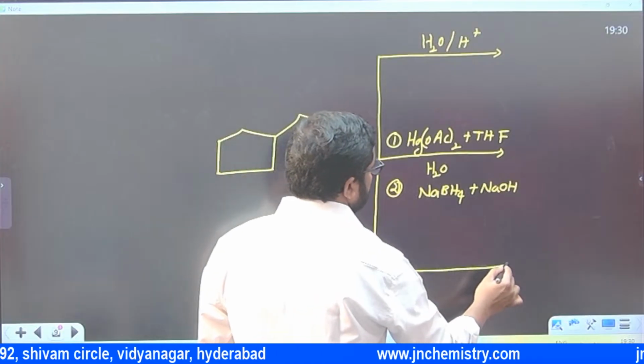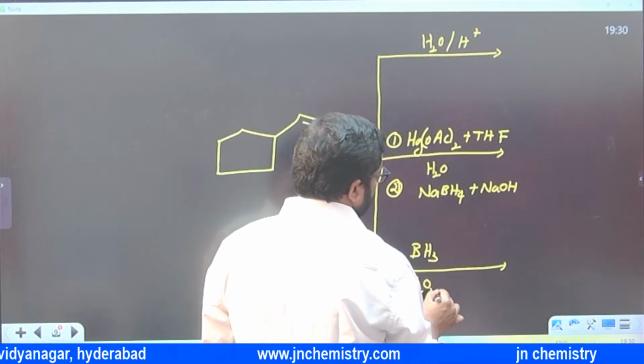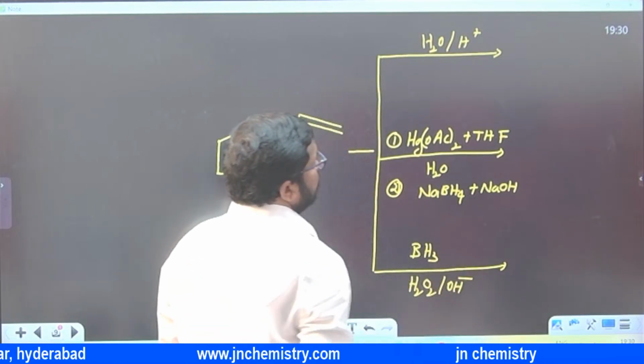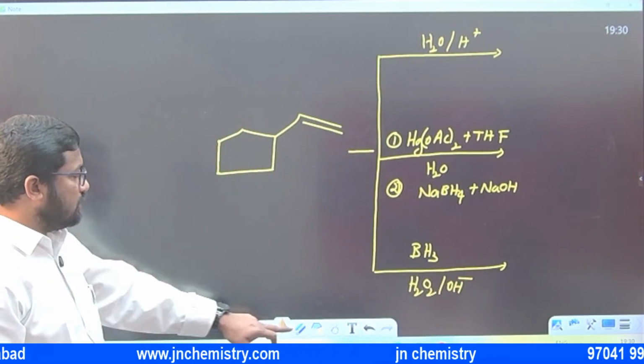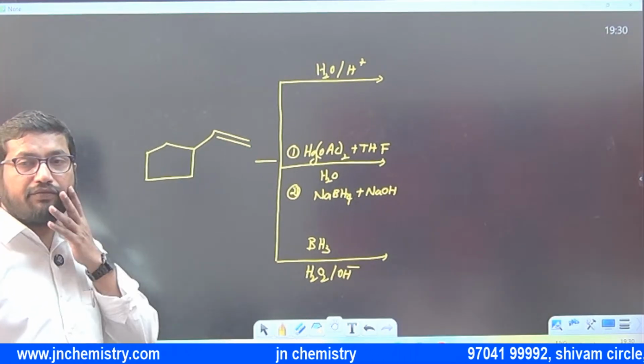The third one is BH3, then H2O2, OH minus. Come on. So three products are forming. Very, very important.